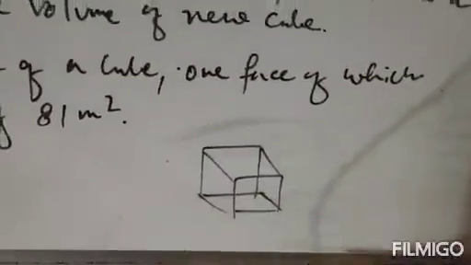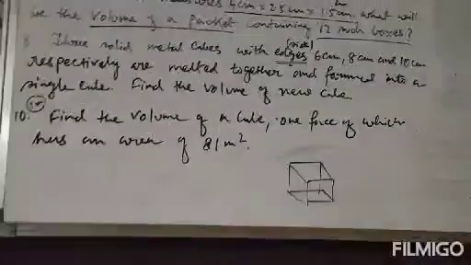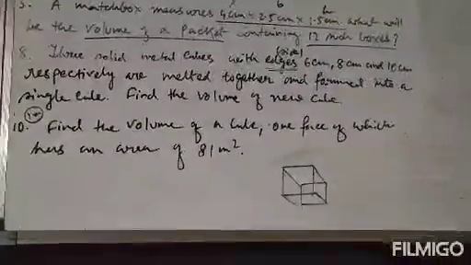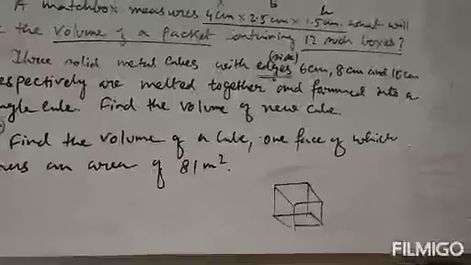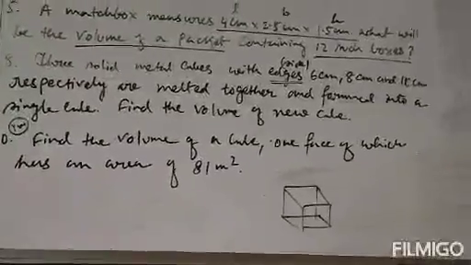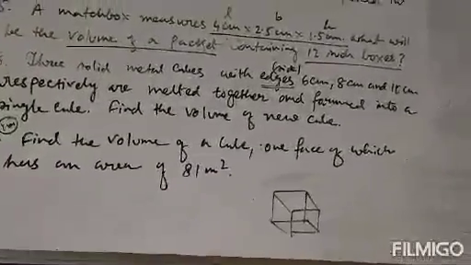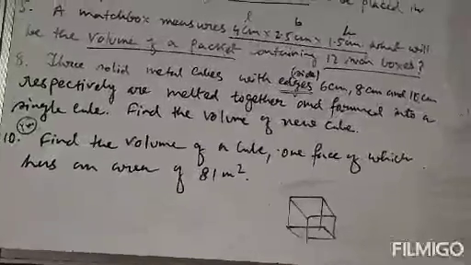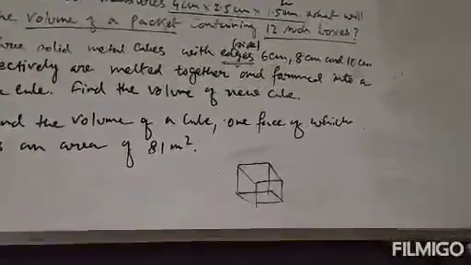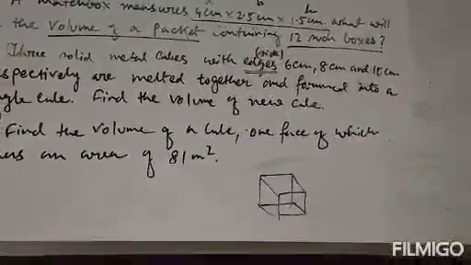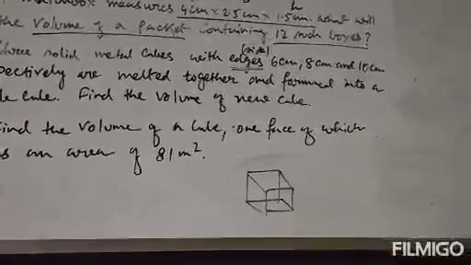Now at the beginning of this exercise, I gave you the concept of cube and cuboid, and I told you there is a basic difference between them. The length, breadth and height in a cube are the same, while in a cuboid they are different.